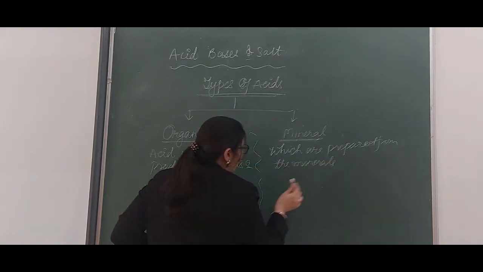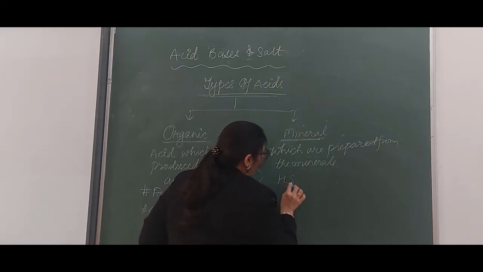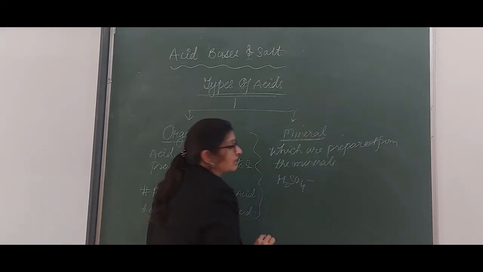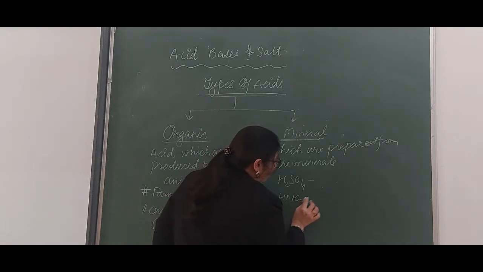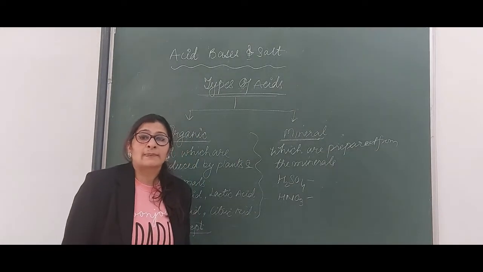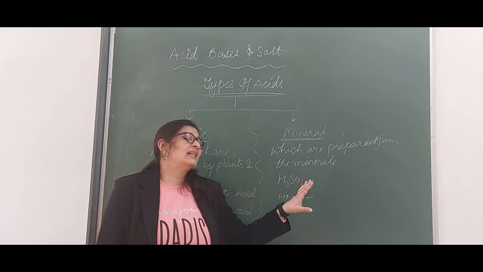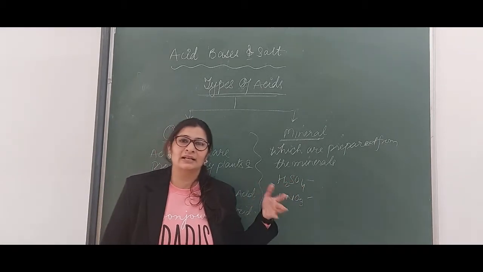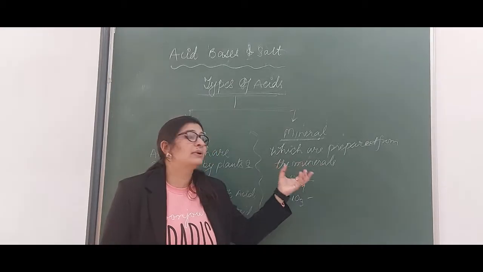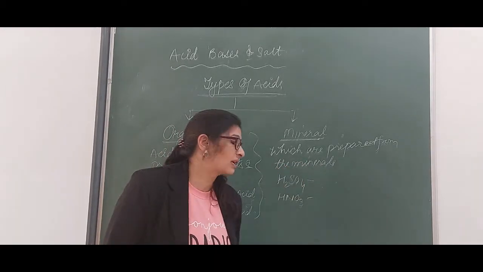For example, H2SO4, which is sulfuric acid, and HNO3, which is nitric acid. In this way we have various acids, like phosphoric acid and carbonic acid, produced by using the minerals present in the earth's crust, right?